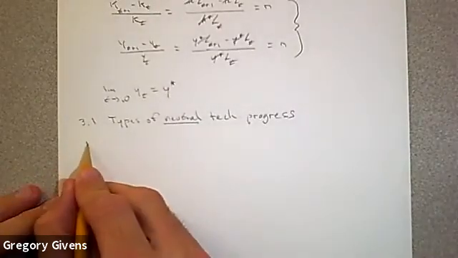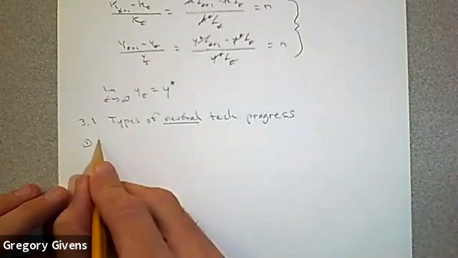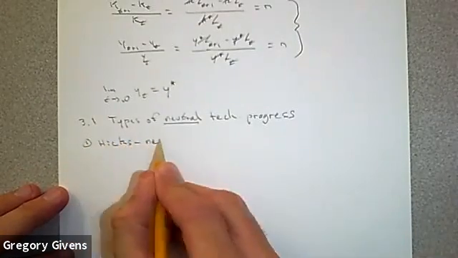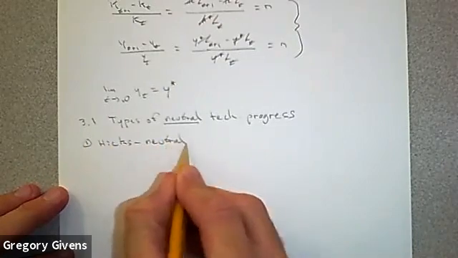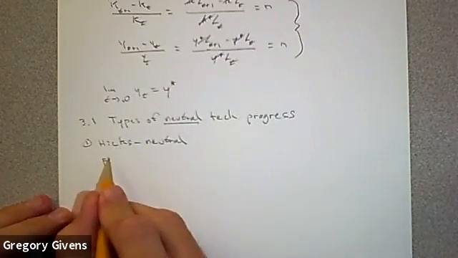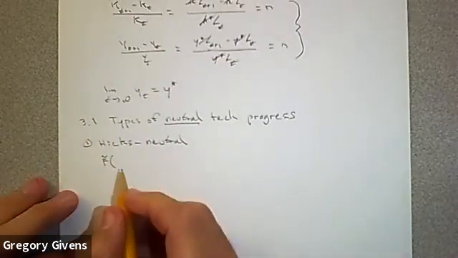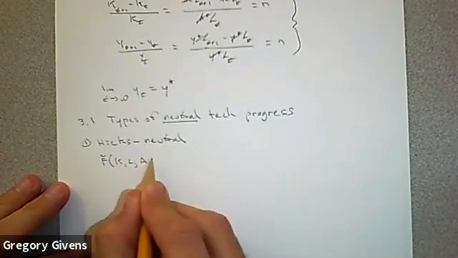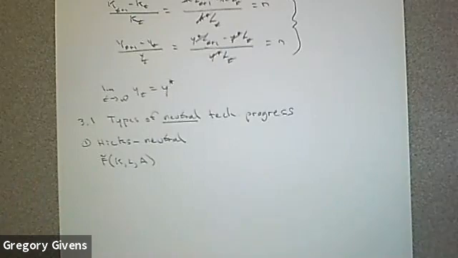The first type is what's called Hicks neutral technology. Let's assume that you have a production function, and I'm going to call it F tilde, that depends on capital, labor, and technology. I'm going to drop all the time subscripts because they're not really important for this discussion. So we know what capital and labor are.